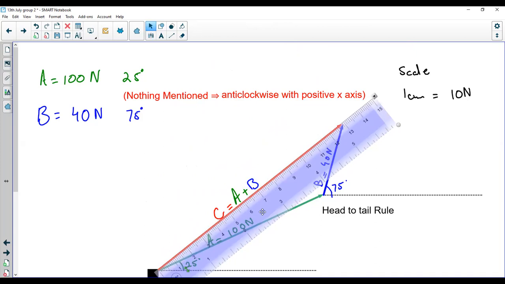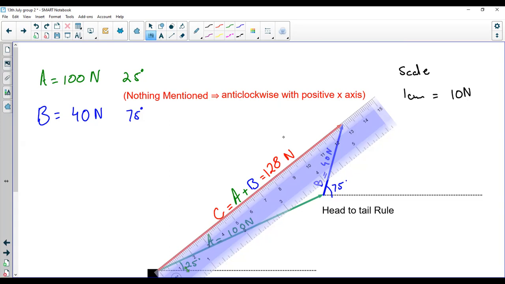So it's almost 13.8 or like that. Oh, not 13.8. Why did I write 13.8? 12.8. The length is 12.8 centimeter. So 12.8 multiplied by 10 is 128 Newton. Got it? So that's the answer.